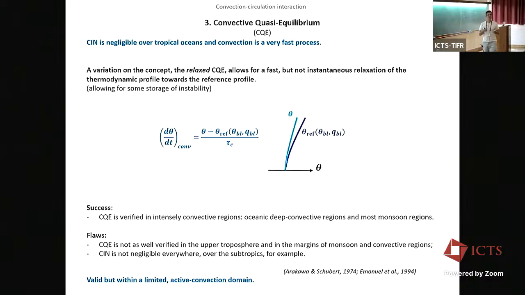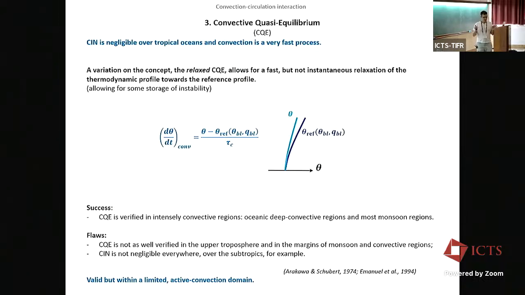When you get to the margins of the convective regions, then it starts to be a little less applicable. And of course, you always have the problem of defining where the margins of those regions are, because you're actually neglecting convective inhibition everywhere. So where is it that you stop convecting?